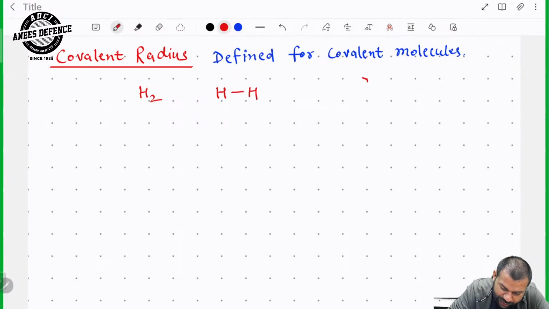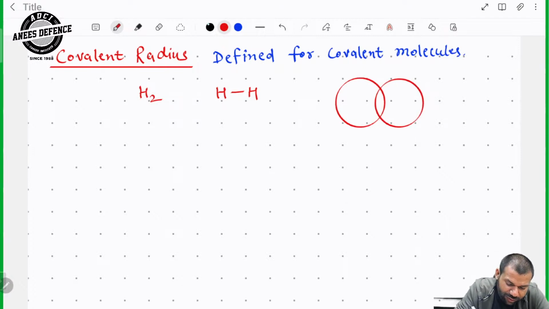And the arrangement for hydrogen H2 is given by this Lewis dot structure. One hydrogen atom is here, one is here, and there will be a sharing of one electron from both hydrogen atoms. So this will be hydrogen molecule H2.